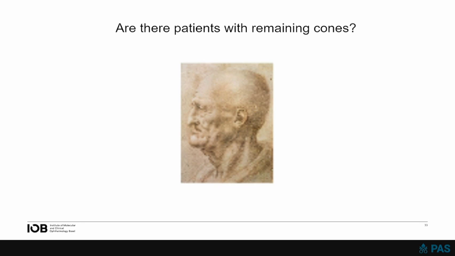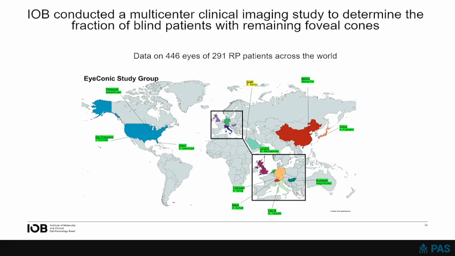So what we did, my institute conducted an international study, 18 different countries, around 446 eyes around the globe, going to blind patients with retinitis pigmentosa and geographic atrophy, and looking at these correlations between vision and remaining cones.